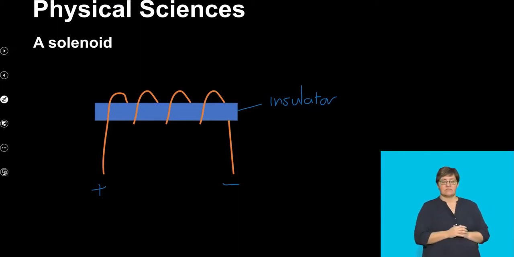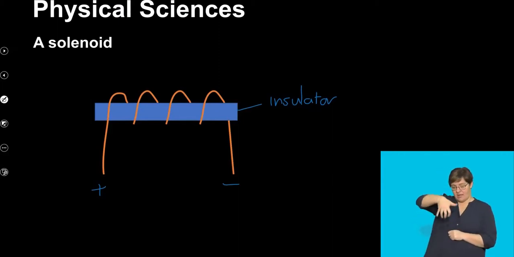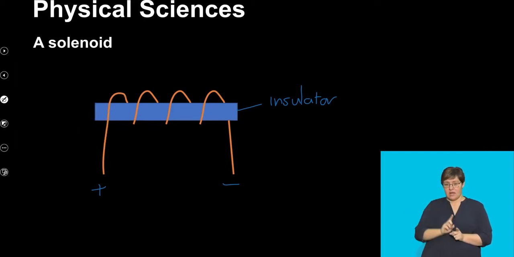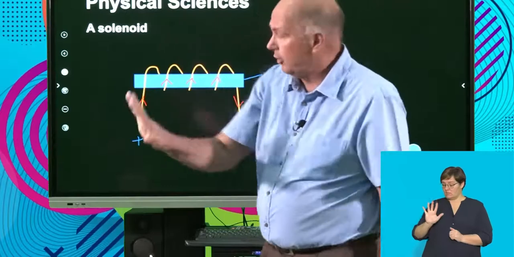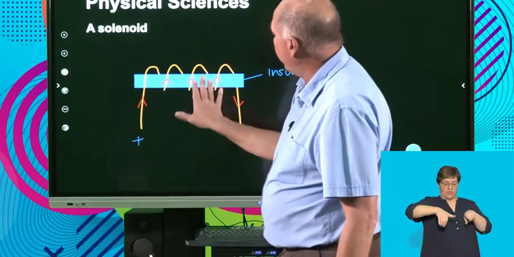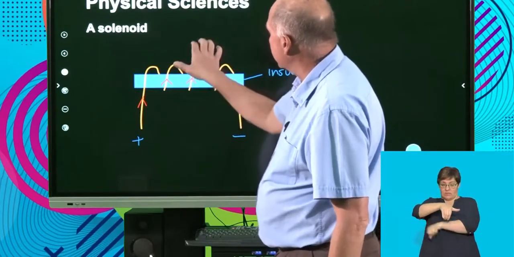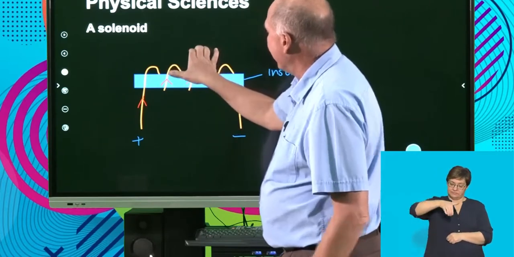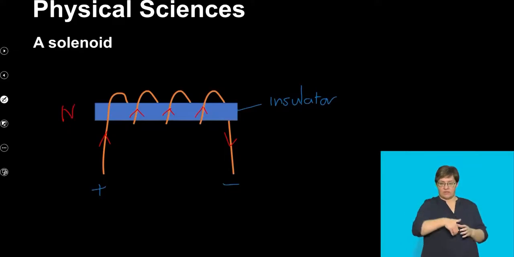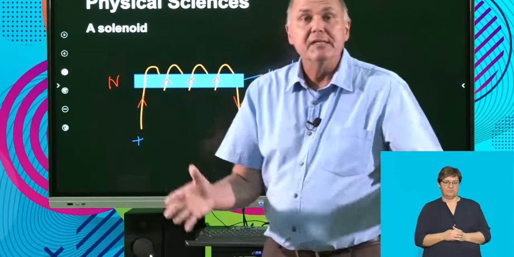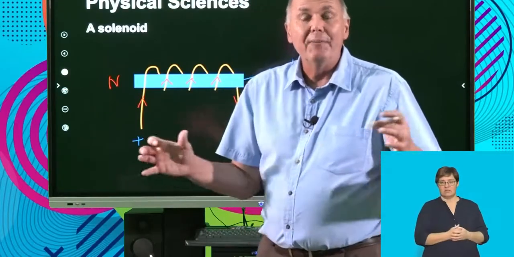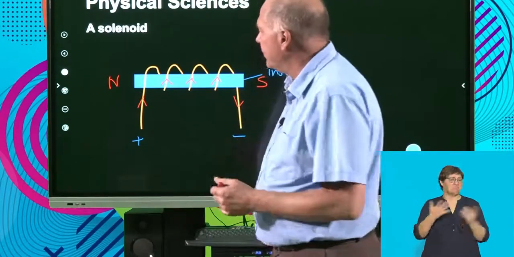So the current is going to be moving from positive towards the negative. And so when you use your right-hand solenoid rule, the fingers, many pieces of wire, are going to go up, and the North Pole will be over there, which means the South Pole will be over there. If I was now asked to draw the magnetic field, that wouldn't be too difficult.